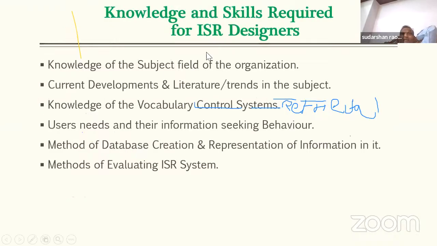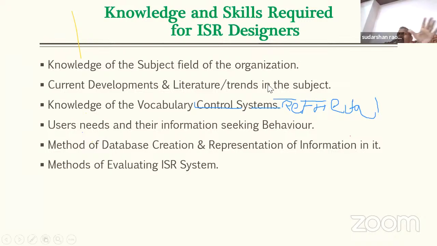Now, when somebody is going to design an information storage and retrieval system, what kind of skills are going to be required? Okay, the knowledge of the subject field of the ISR system. You can think about your library as an ISR system. Your library may be a public library, a university library, an engineering college library, a medical college library.